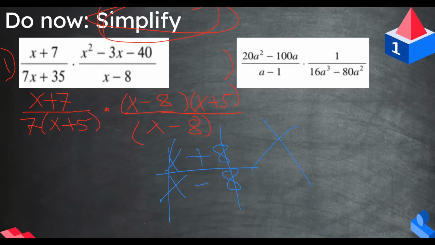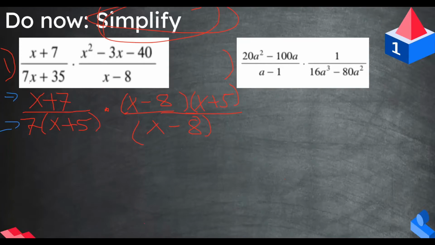Because this is an entire expression and this is an entire expression, and I can only cancel out expressions if they're identical: same sign, same variable, same numbers. If everything is the same, then I can cancel them out, but I cannot cancel out their terms individually. That does not work. So do not be disappointed, because we actually do have common terms. Where do I see common terms? Okay, I don't see anything in here. I don't really see anything in here.